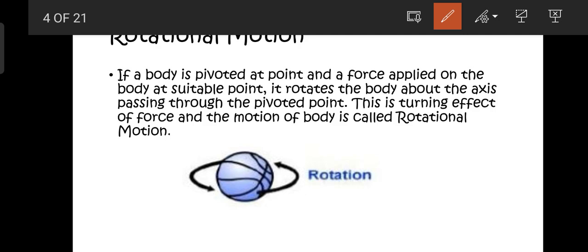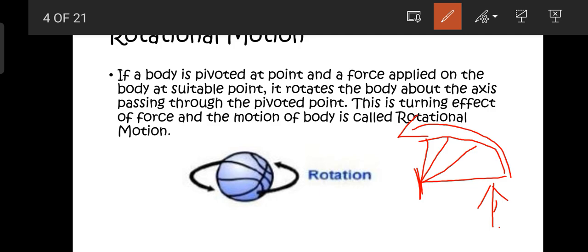Okay, let's take another example. If this is a rod which is pivoted at this point, so if we put a force, okay, the rod will move like this. The rod will come like this.